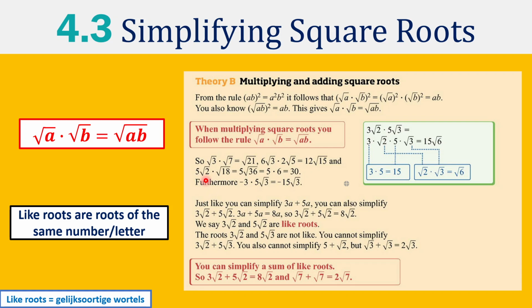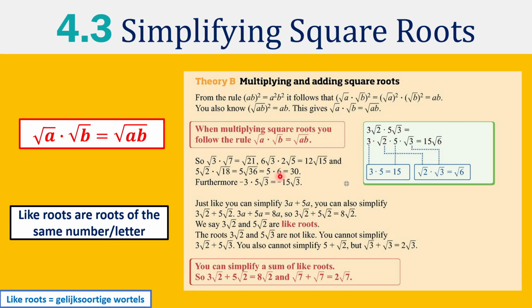For example, 5 square root 2 times square root 18. There is no number in front of my root 18, so you can say there's a 1 there. 5 times 1 is 5. Root 2 times root 18 is root 36. Hey, that one I can calculate, right? If I can calculate a root, you have to do that. Root 36 is 6.